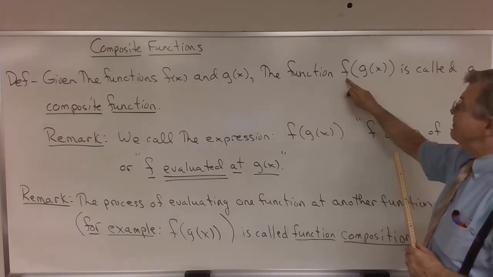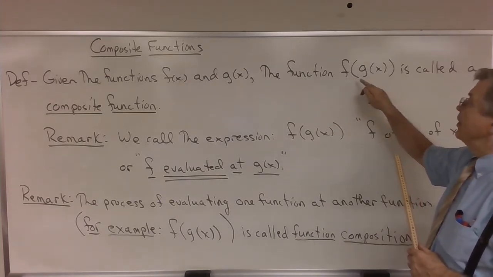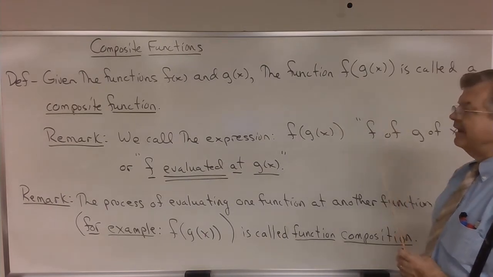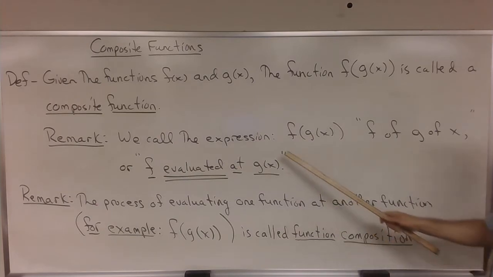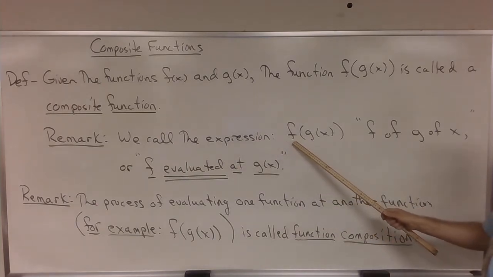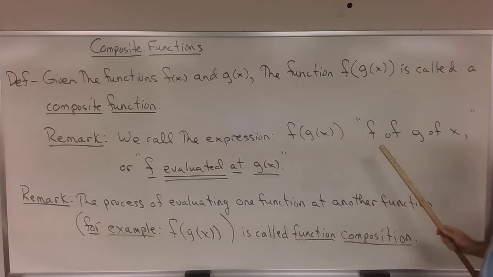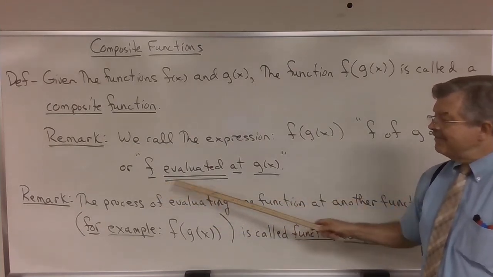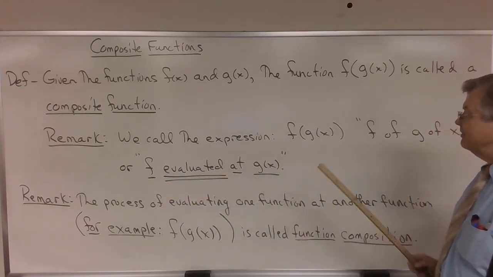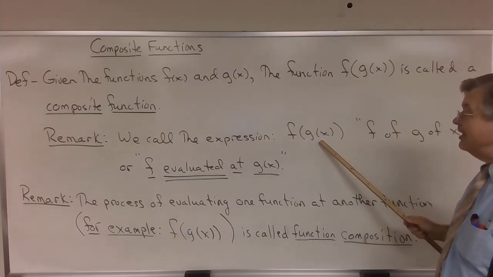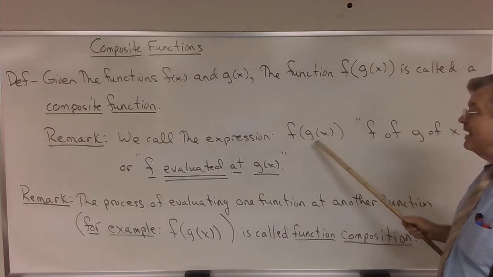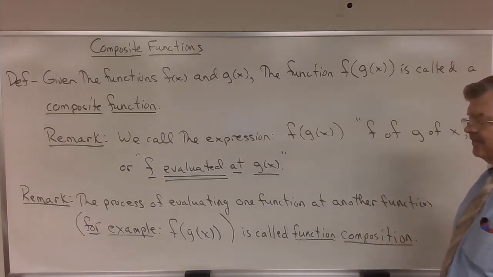So this is f of g of x, or f evaluated at g of x, and we call that a composite function. In other words, we're plugging the function g of x into the function f.